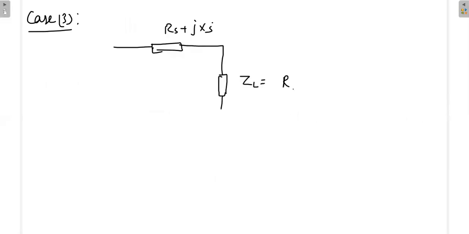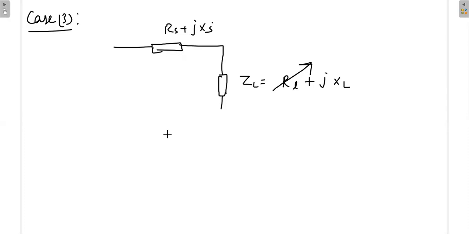Case 3 is, suppose the source is RS plus JX, but the load is ZL equals RL plus JXL, but only the RL is variable. This is like a new situation. Both RL and XL are there in the load, but only RL is variable.